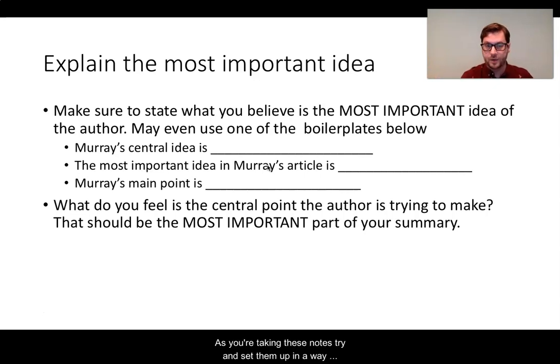As you're taking these notes, try and set them up in a way that foregrounds Murray's name as the author. You can use the examples provided on this PowerPoint in terms of setting up and explaining what Murray's most important parts are. As always, you can download this PowerPoint from our course Blackboard site.